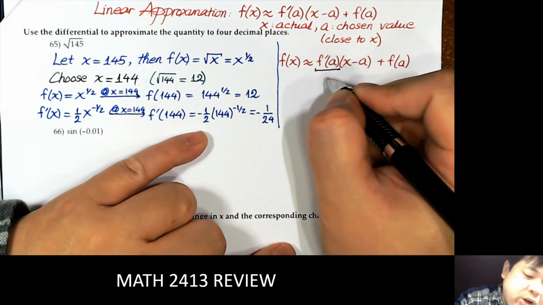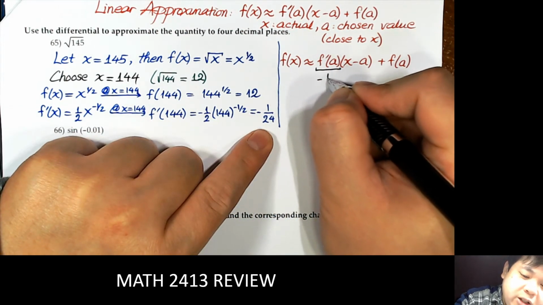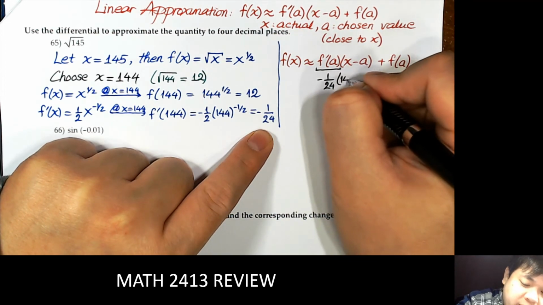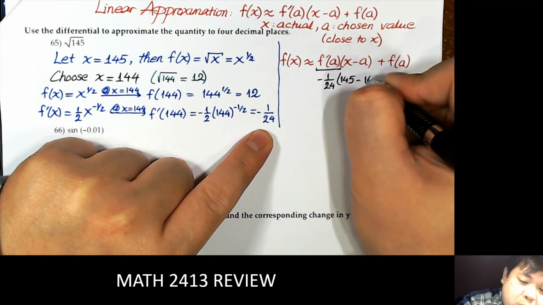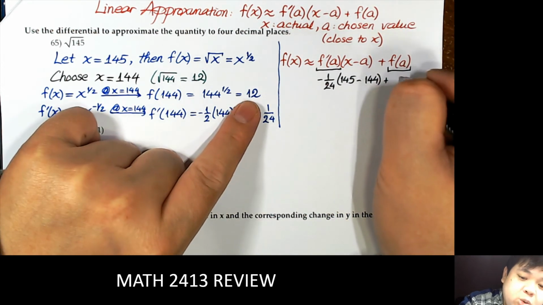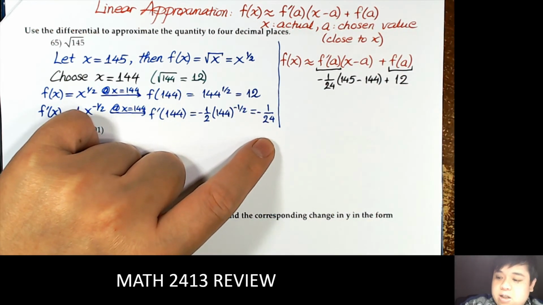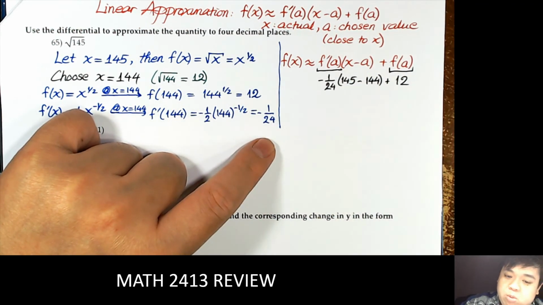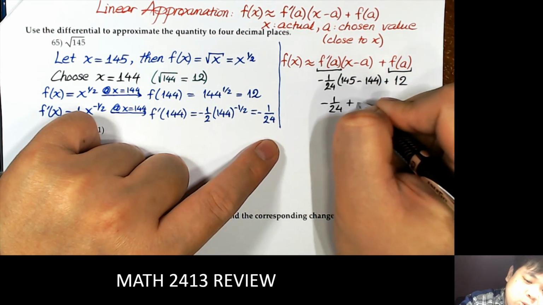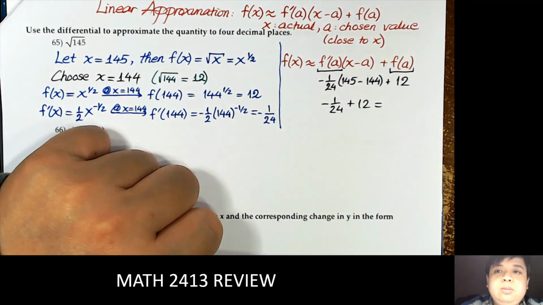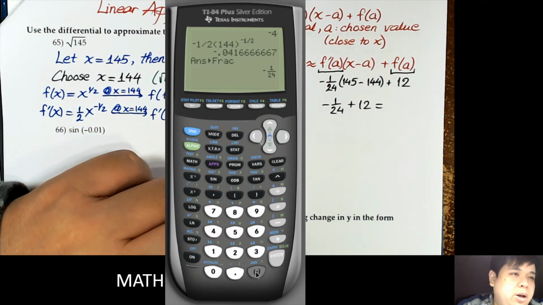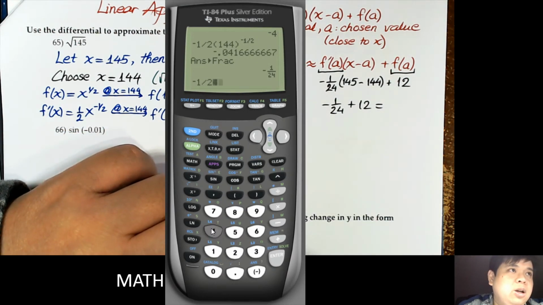The derivative we calculate is negative 1/24 times 145 minus 144, plus the value of the function, 12. So we just do that because 145 minus 144 is 1, times that, so negative 1 over 24 plus 12.